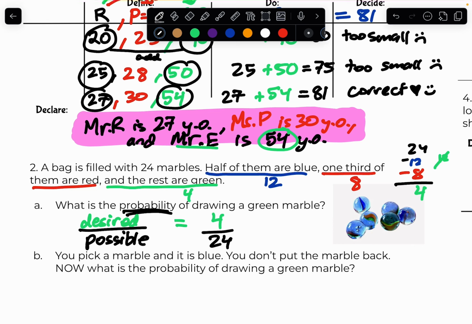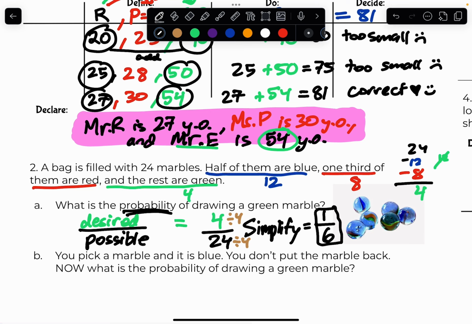But you do need to make sure you always try to, what's it called? It starts with the letter S. Simplify. So if you didn't do this yet, simplify right now, okay? What number goes into 4 and 24? If we divide the top by 4 and the bottom by 4, the numerator and the denominator, we get 1 over, ooh, this is a tough one, 24 divided by 4. 24 divided by 4 happens to be 6.